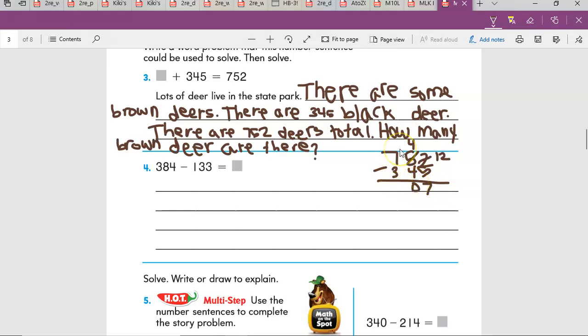And 7 take away 3 is 4. So how many brown deer are there? 407. So 407 brown deer. I have to write that in a complete sentence.